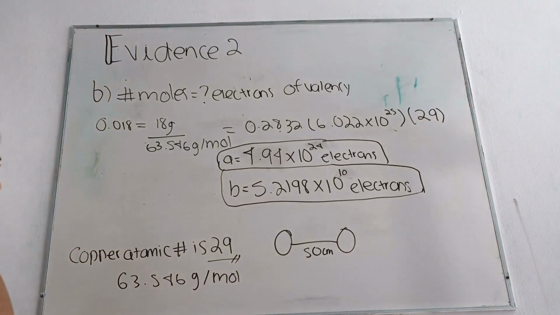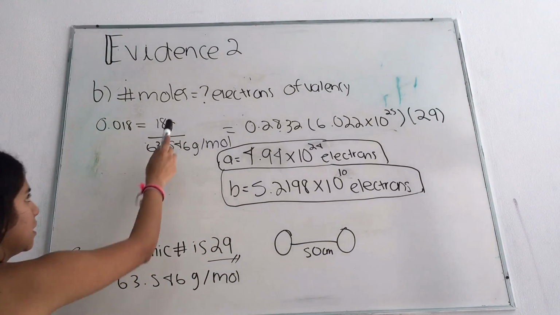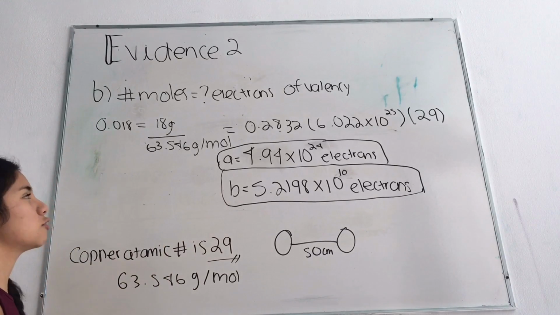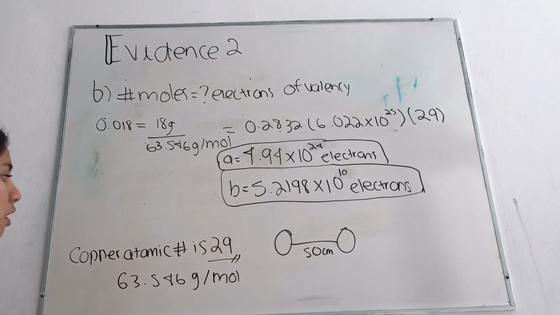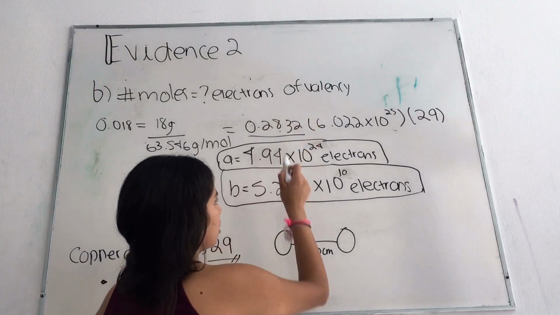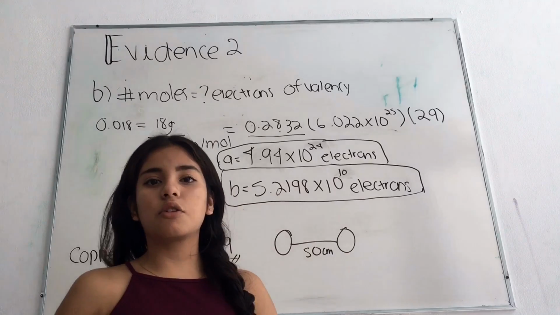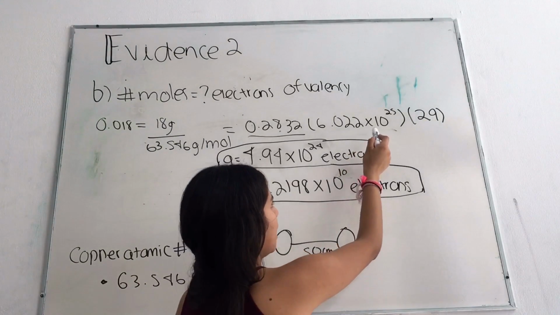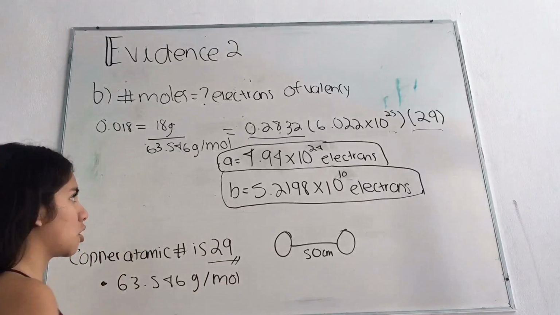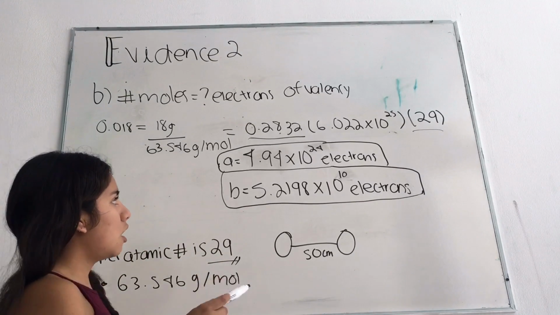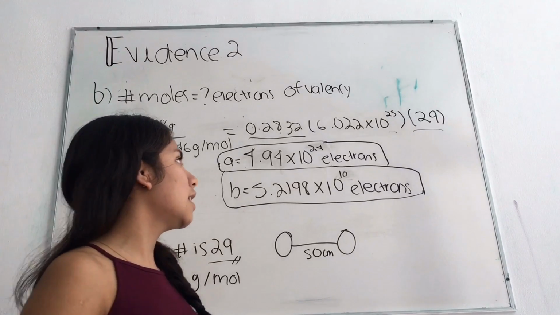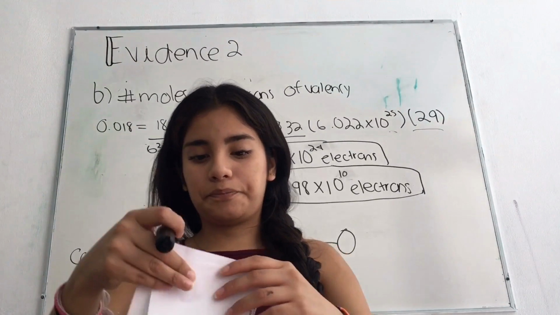Number 1, we're going to multiply 18 grams over the 63.146 grams per mole. That is our number. And this result we're going to multiply times the Avogadro number. And the result we're going to multiply times 29, that is the atomic number. So the first result is 4.94 times 10 to the 24.